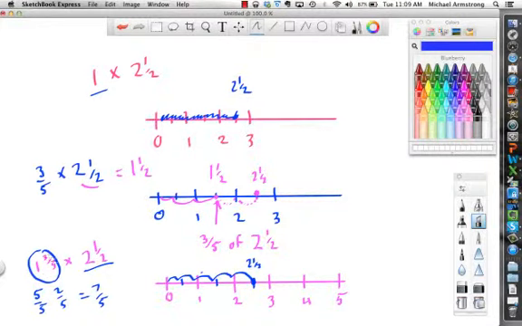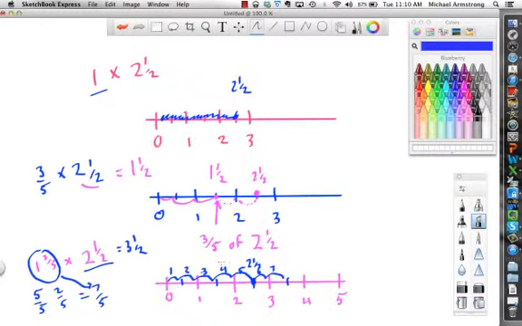But I'm multiplying it by more than 1. I'm multiplying it by 1 2/5, which happens to be the same as 7/5. So I'm going to go 2 more times. I have to make sure I put my half marks in, so I go half a time, halves. So that's 1, 2, 3, 4, 5, 6, 7 halves, which ends up being 3 1/2. So it equals 3 1/2.